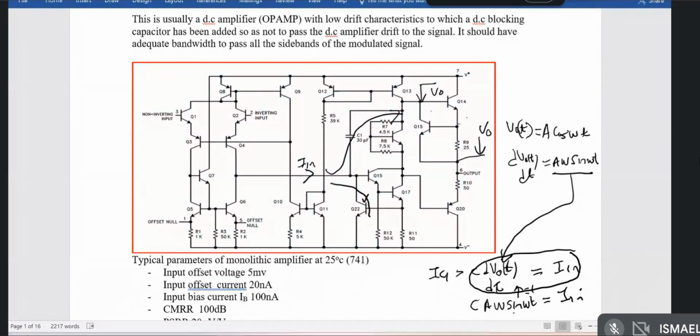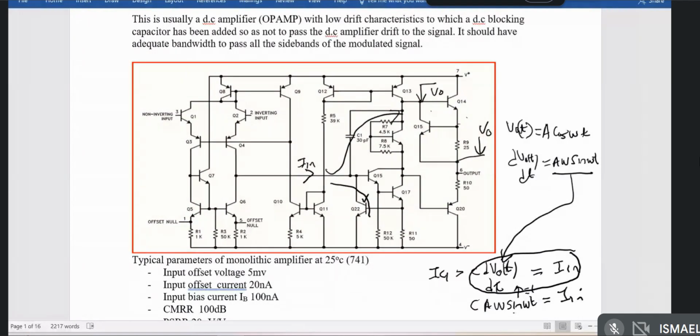Remember, C also provides some feedback between the output and the input. So you've got to be very careful so that it doesn't provide positive feedback and therefore interfere with the stability of your amplifier. But just in short, that capacitor C1 determines the rate at which the output voltage can change.